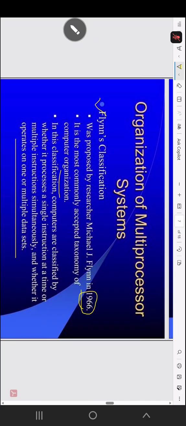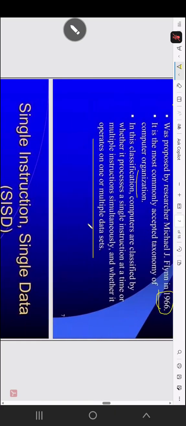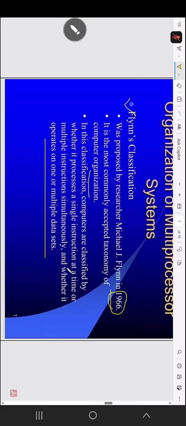Here Klein classified computers into categories based on two key dimensions: the instruction stream and the data stream.